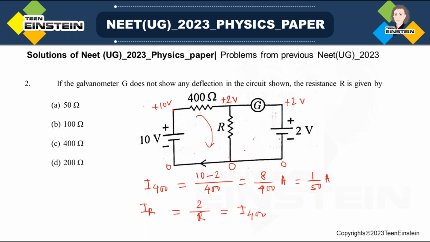Right, so this implies that 2 by R is equal to 1 over 50 ampere. Okay, so both side ampere will be cancelled. So I can write R is equal to 100 ohm. So this is the answer. Okay, so 100 ohm is the answer.